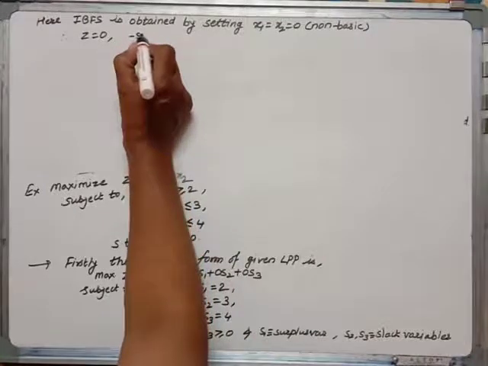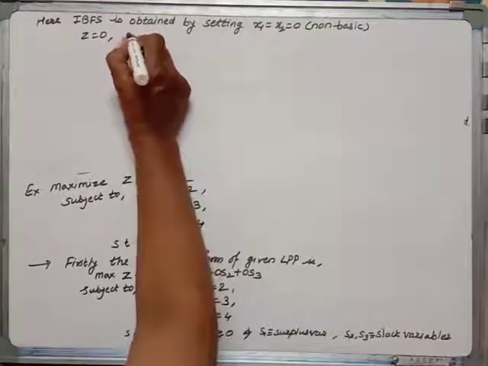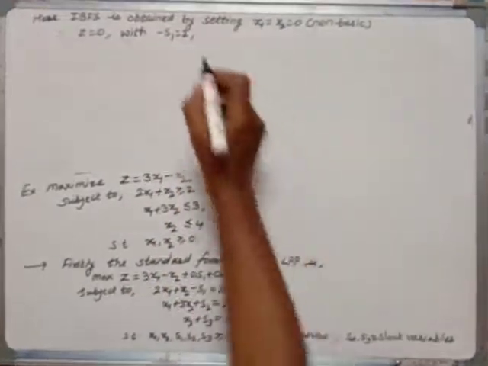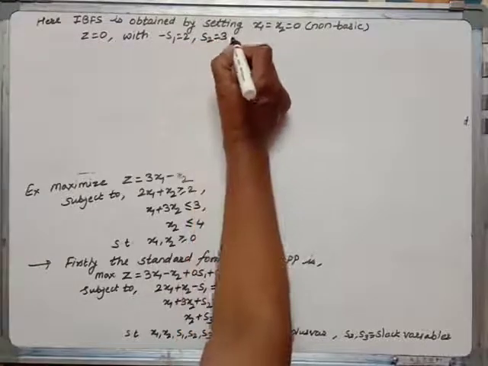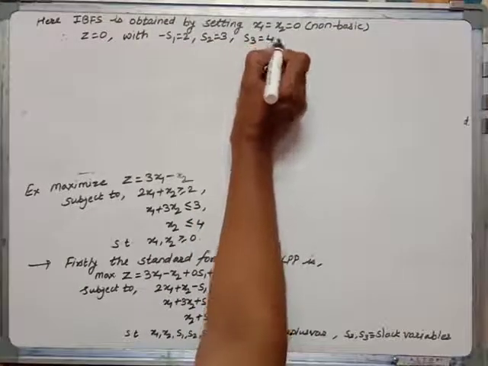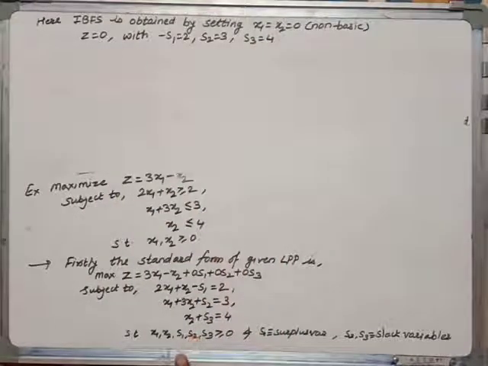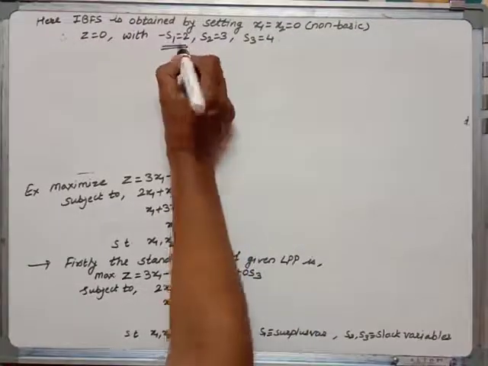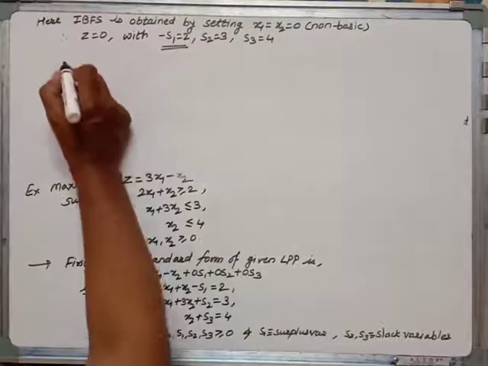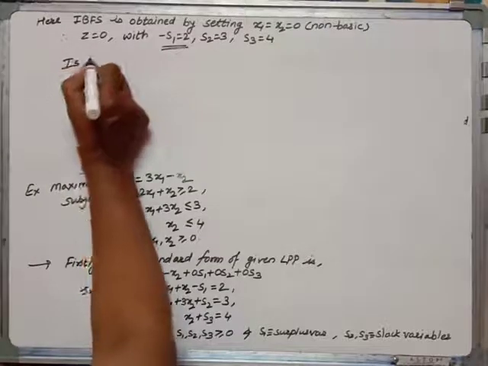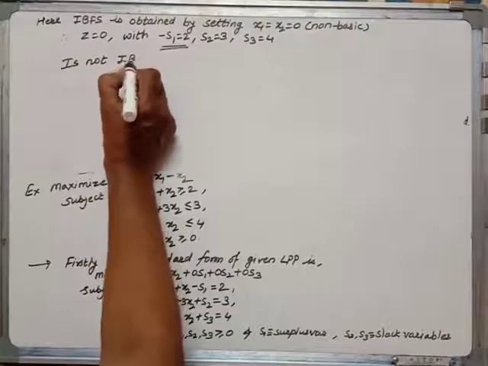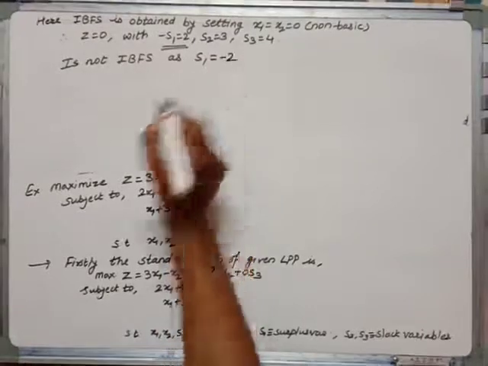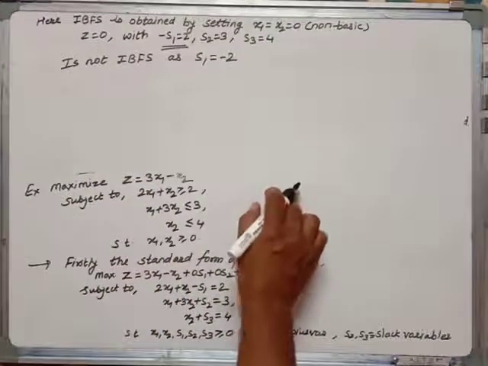With the first constraint it gives minus s1 equal to 2, the second constraint gives s2 equal to 3 and the third constraint gives s3 equal to 4. Look at it. But this is not an IBFS because s1 won't be negative. This is not an initial basic feasible solution as s1 equal to minus 2.